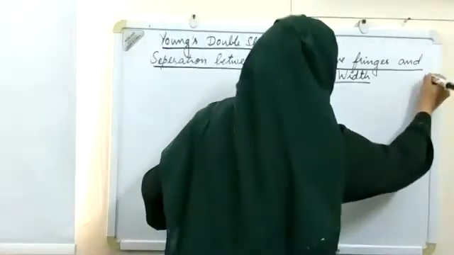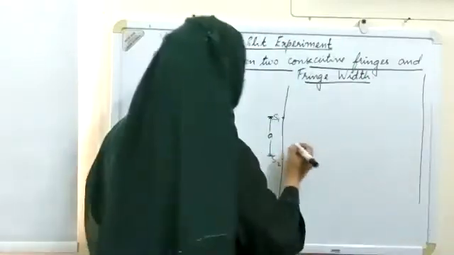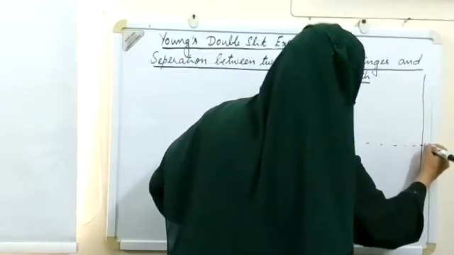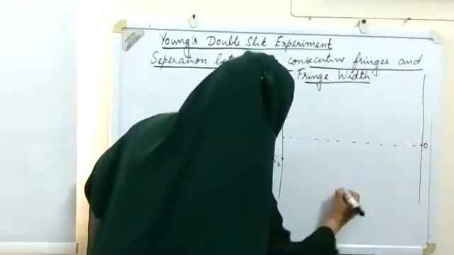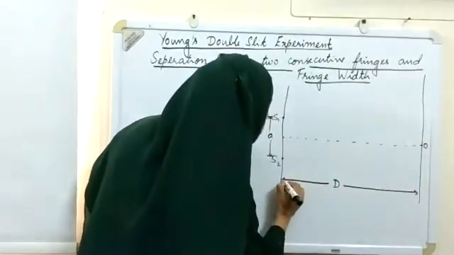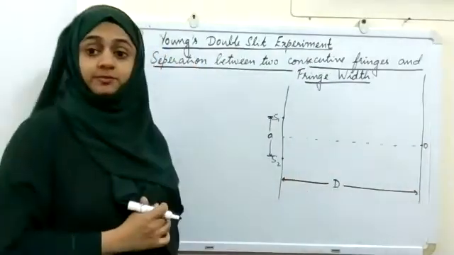Now you have a screen at a distance D from the slits. So this is the center. At a distance D, you have the screen on which we can see the interference pattern.